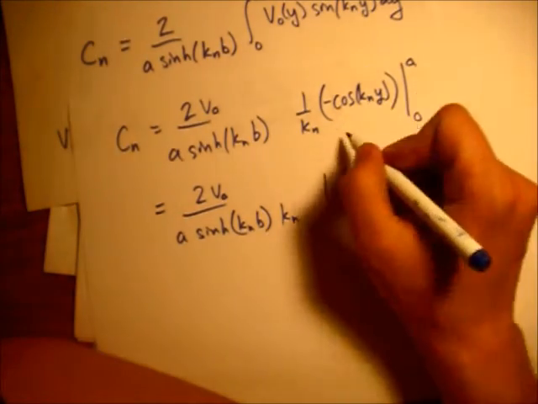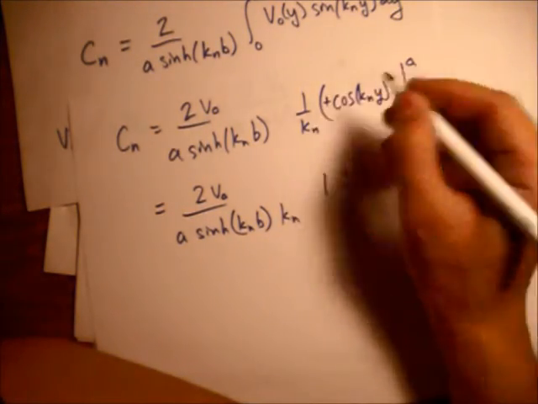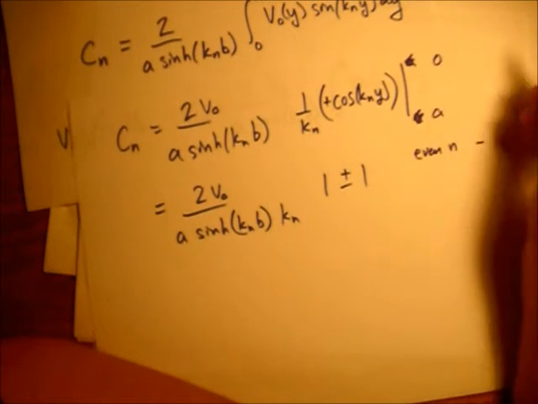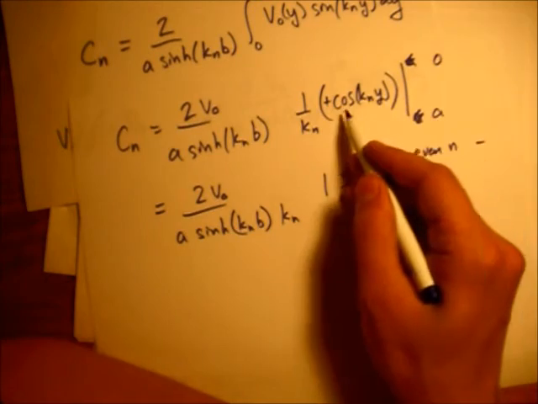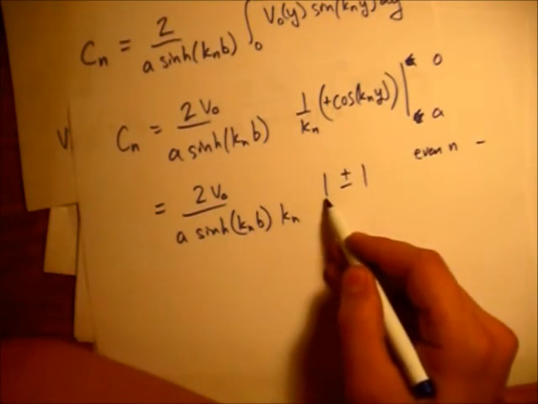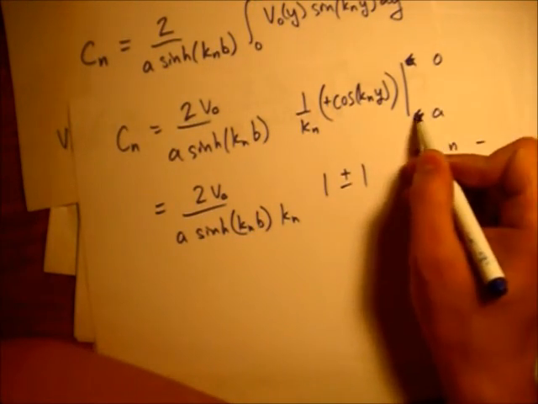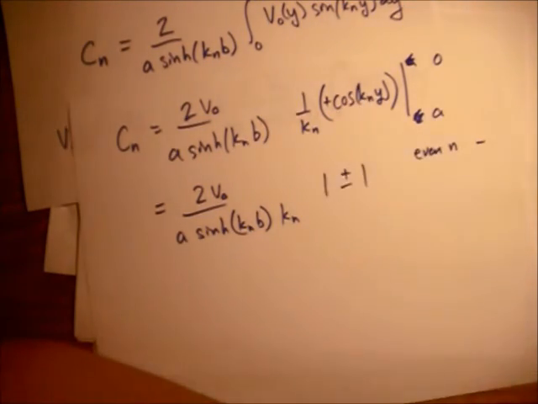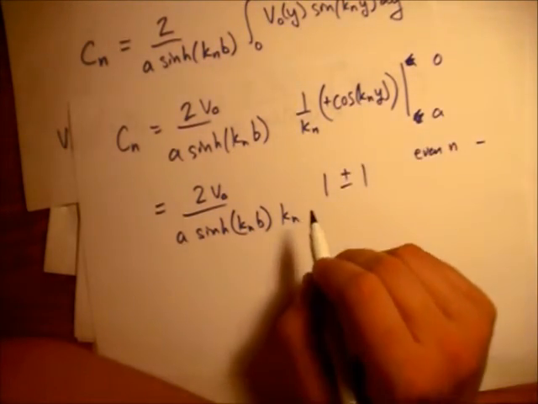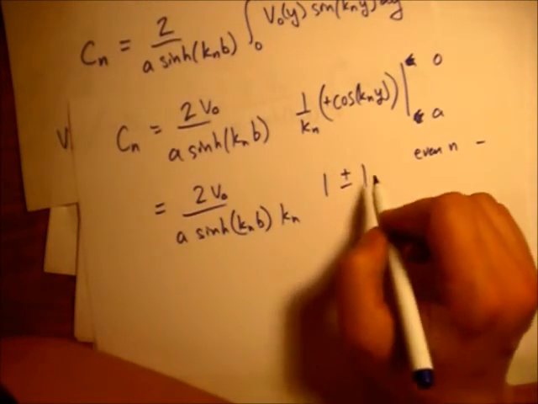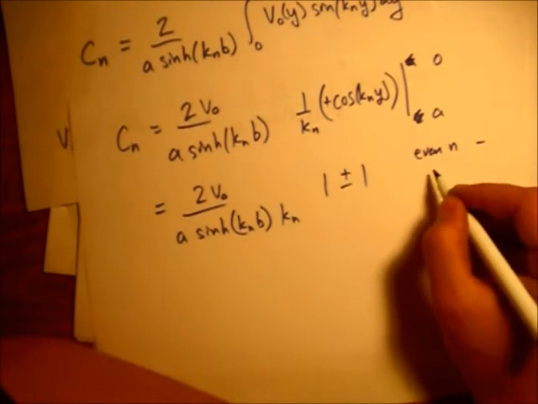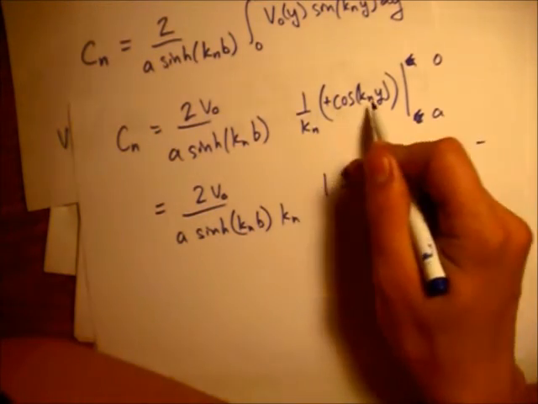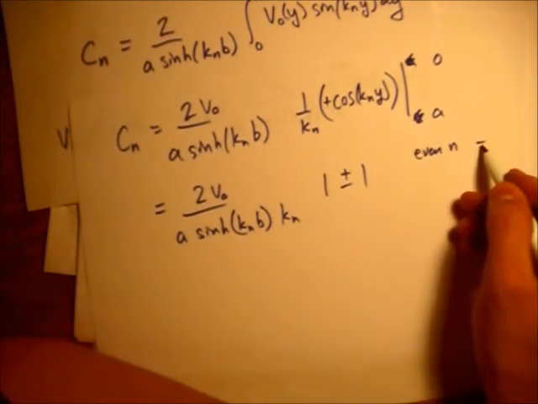I should have written out more steps here, but what I did was I made this a plus, and then I made this an a down here and a 0 up here. So this 0 cosine gives us this 1, and then we have a minus cosine of n pi. So for even n, we would get a minus +1, which is a -1.